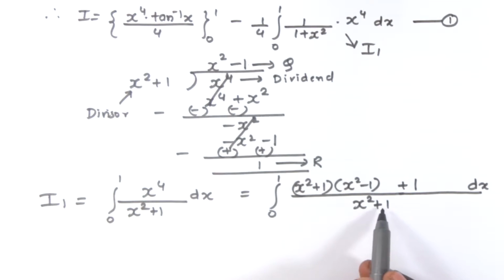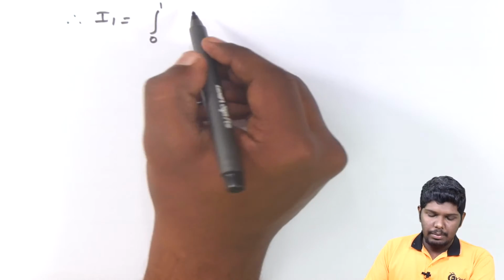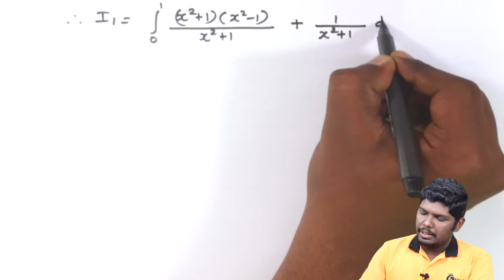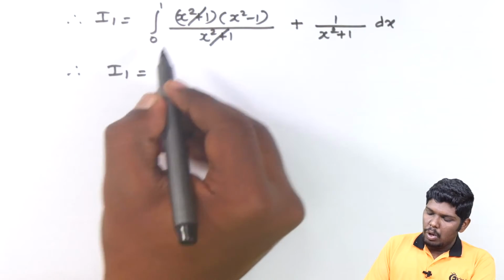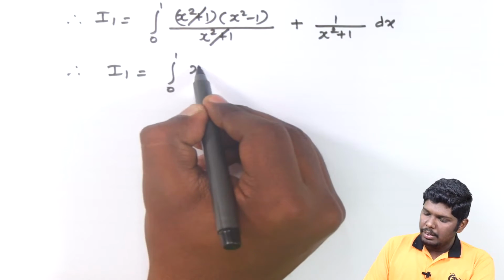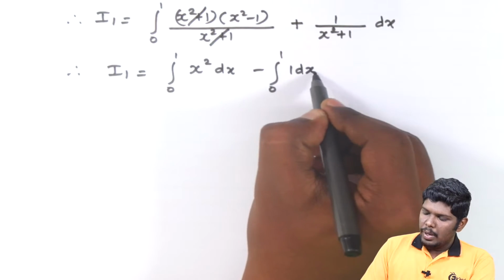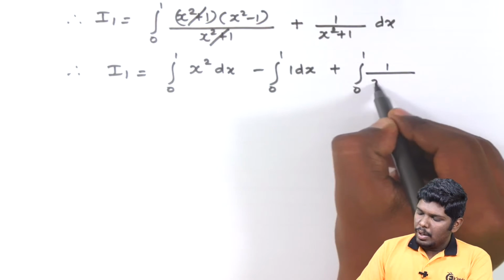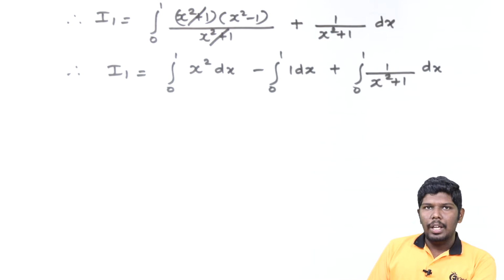Now we can separate this x square plus 1 to both the terms present in the numerator. I1 will be equal to integral 0 to 1 x square minus 1 plus 1 upon x square plus 1 dx. Here x square plus 1 will be cancelled and I1 is equal to, on separating integrals, we have 0 to 1 x square dx minus 0 to 1 1 dx and plus 0 to 1 1 upon x square plus 1 dx. Thus we can substitute the value of I1 now in equation number 1.